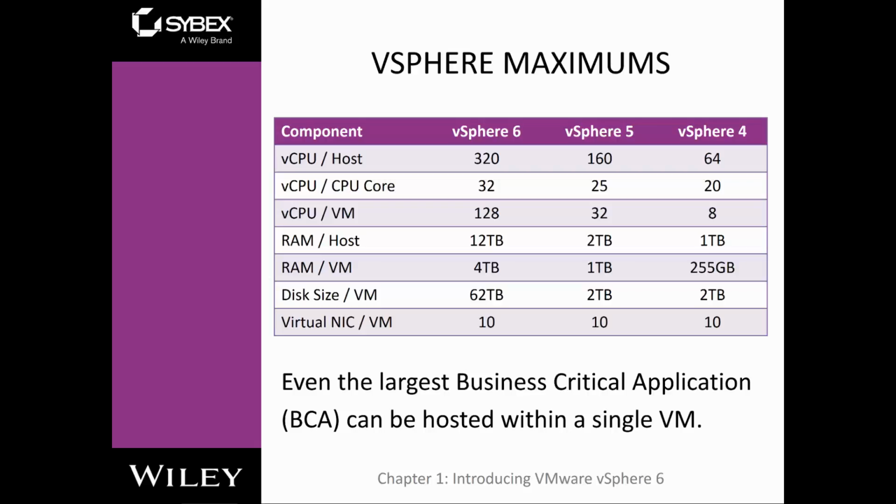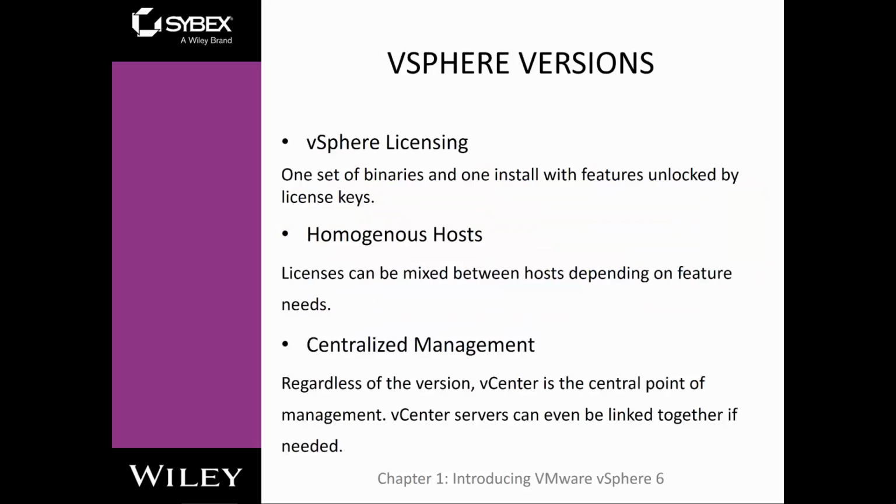So another question becomes, well, how does this work? Like, how do you get the appropriate virtual CPUs and memory and virtual NICs? A lot of this is tied to software licensing. You use the license to unlock features.